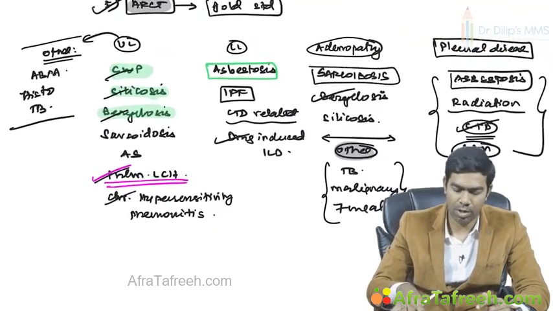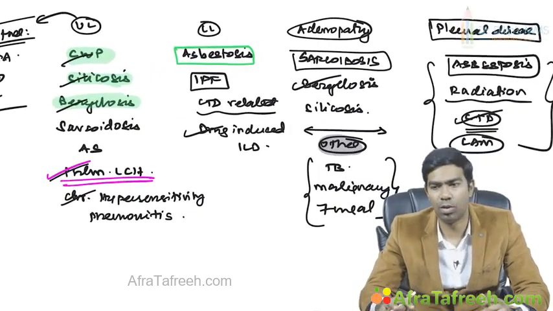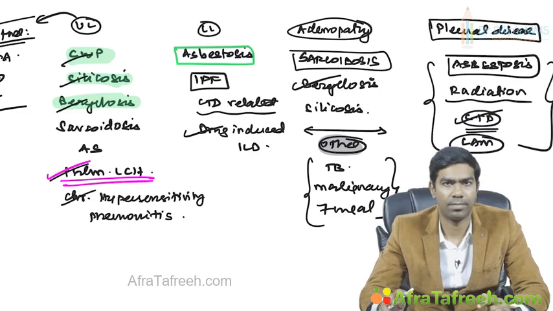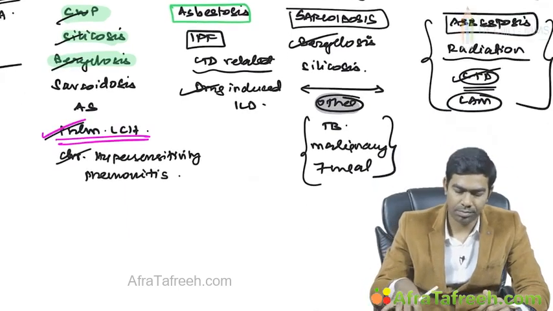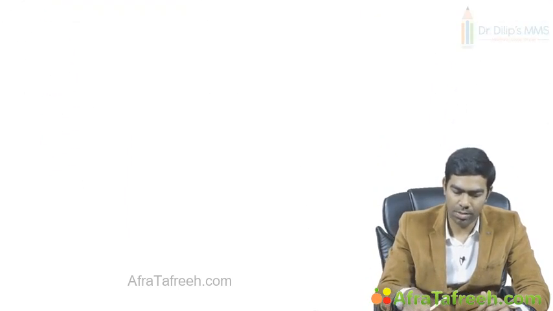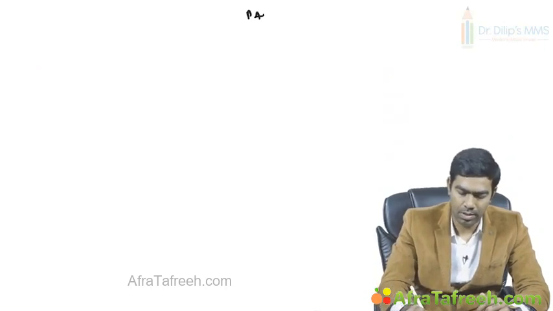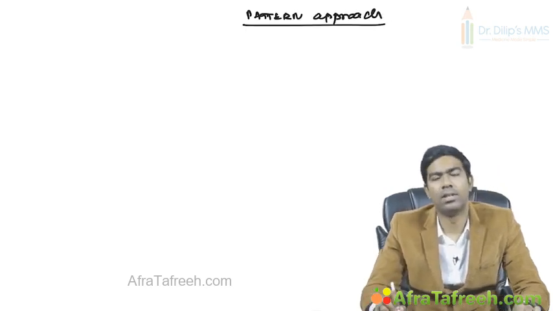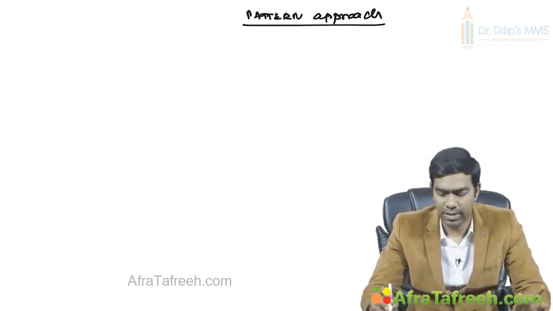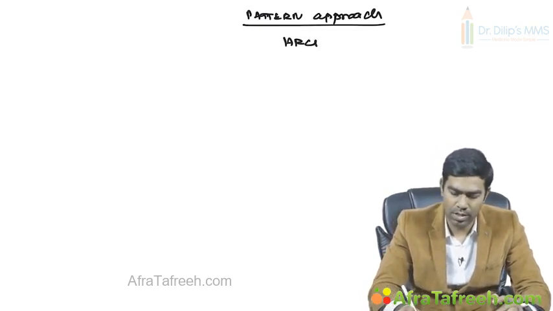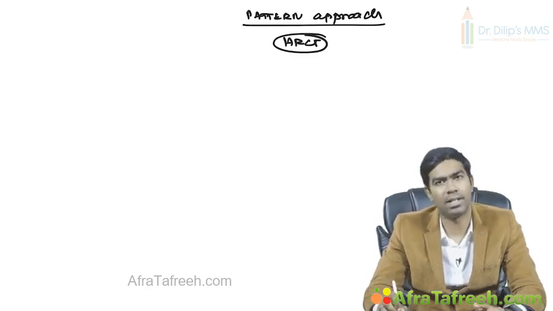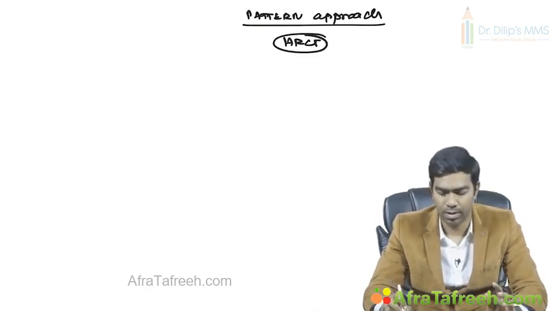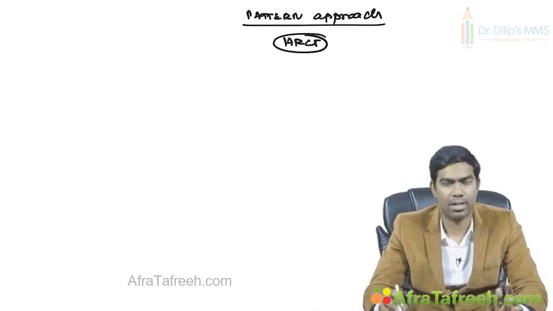So this is a very important first pattern approach: which lobe and which area they are predominant. Then we can go to the pattern approach per se. This pattern approach is very important, and we are going to see it through our HRCT basic interpretation. So what you are going to see in HRCT as a pattern approach.